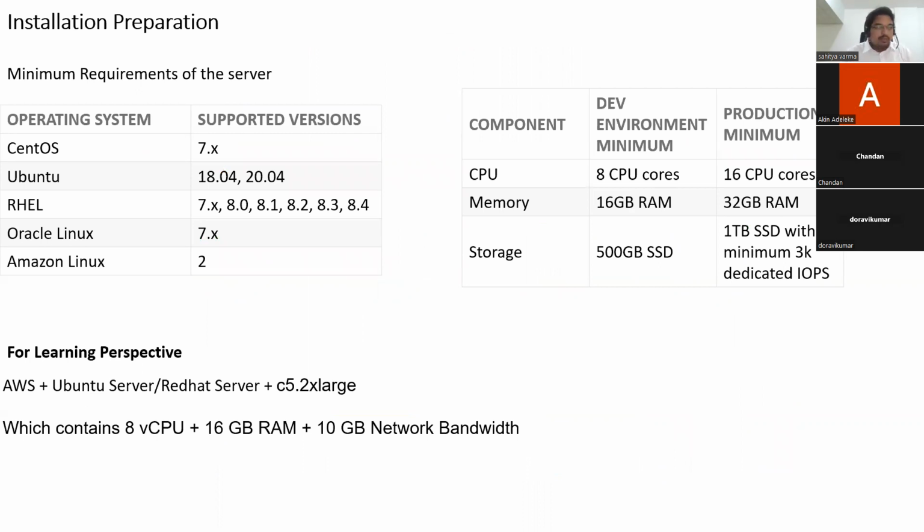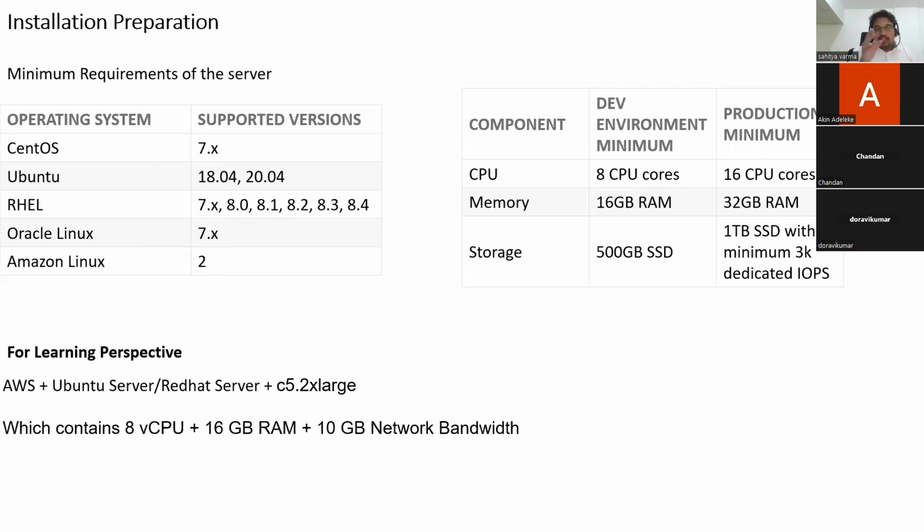The Cortex XSOAR software accepts these operating systems: CentOS 7.0 or later, Ubuntu either 18.04 or 20.04, Red Hat Linux 7, 8, 8.1, 8.2, 8.3, 8.4, Oracle Linux 7.0 onwards, and Amazon Linux version 2 onwards. XSOAR can support these.